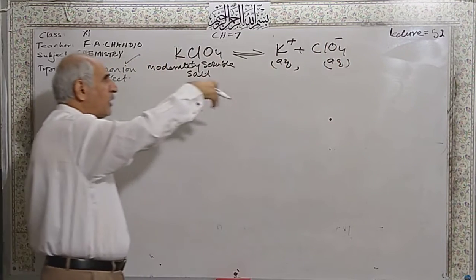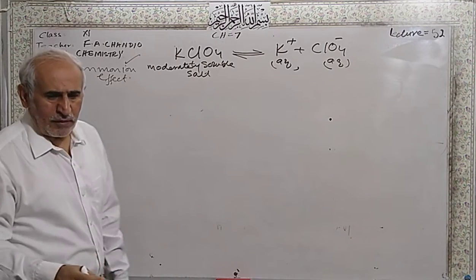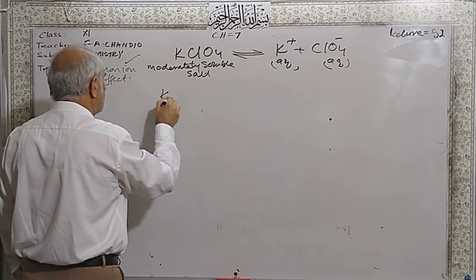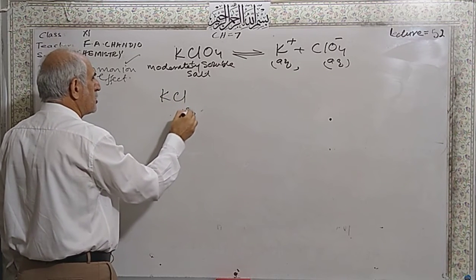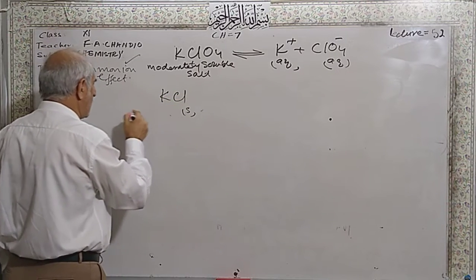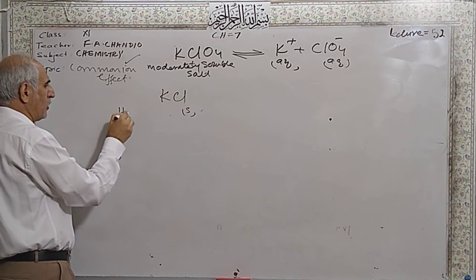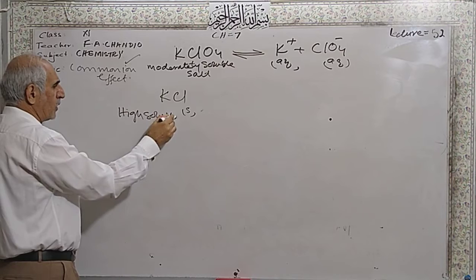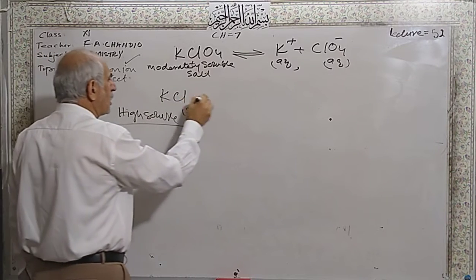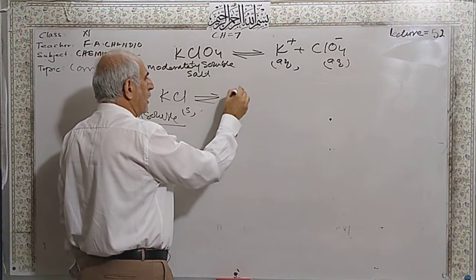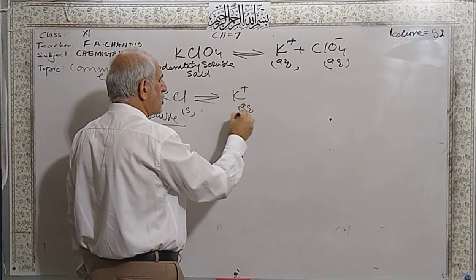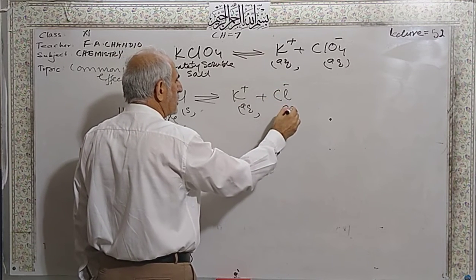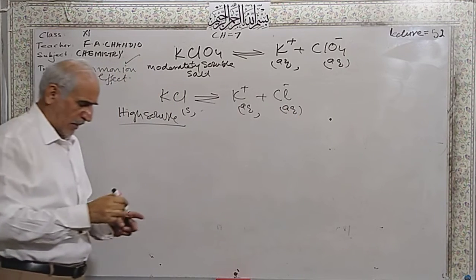In one test tube we have this. In the second test tube we have potassium chloride solid. This is a highly soluble, strong electrolyte that completely dissociates into potassium ions and chloride ions in aqueous solution.